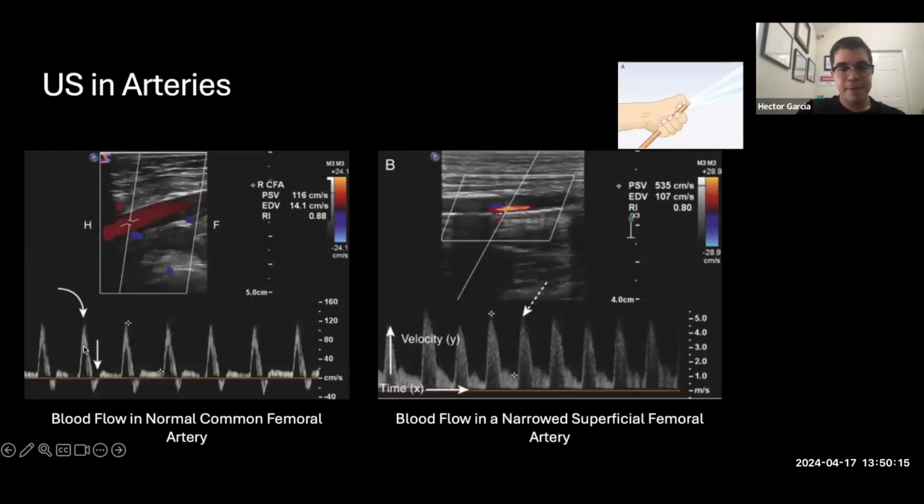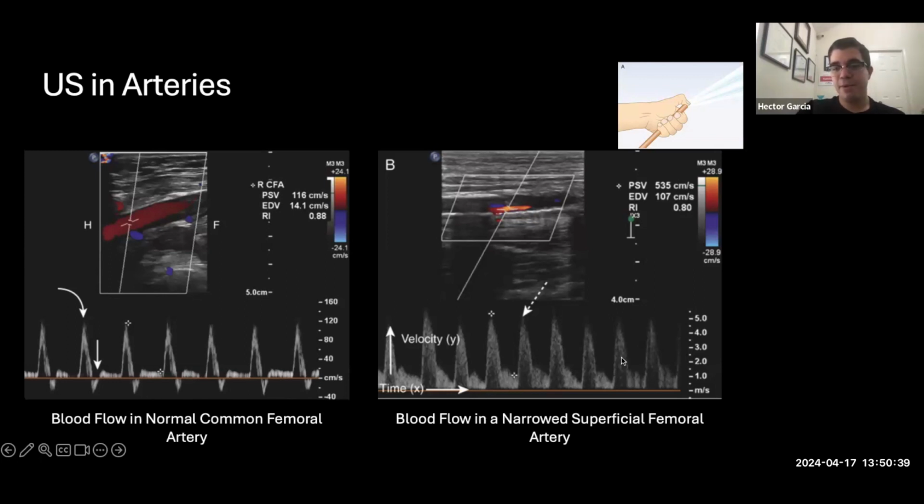If it's above the baseline, the blood flows toward the feet, which is during systole, at these spikes. And then during diastole, when the patient is at rest, the blood returns in the femoral artery in the reverse direction, and that's normal.